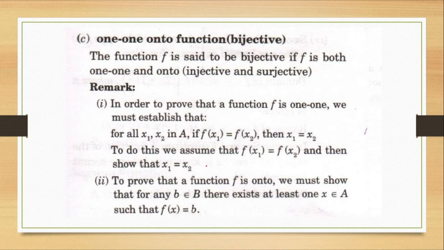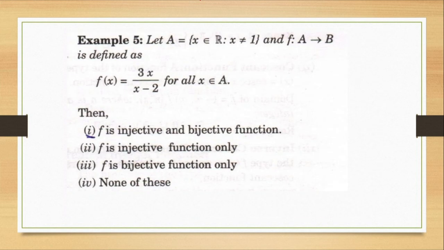and then show that x1 equal to x2. Number 2: to prove that a function f is onto, we must show that for any b belonging to capital B, there exists at least one x belonging to A such that f of x equal to b, right?